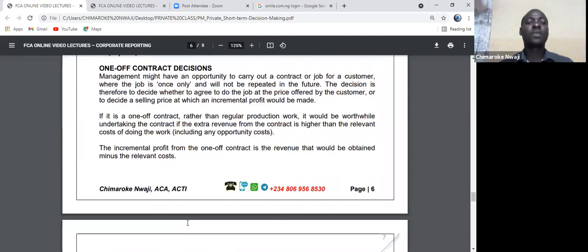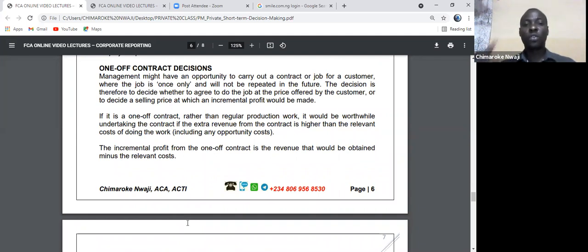Now we have one-off contract decisions. Okay, what are one-off contract decisions? Management might have an opportunity to carry out a contract or job for a customer where the job is once only and may likely not be repeated in the future.